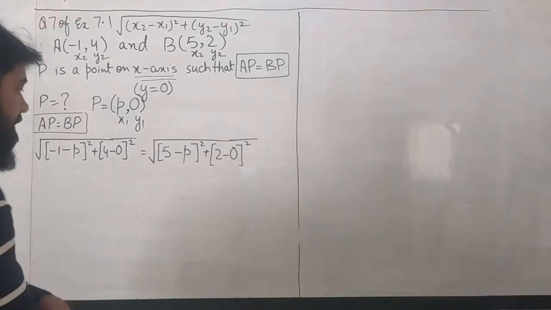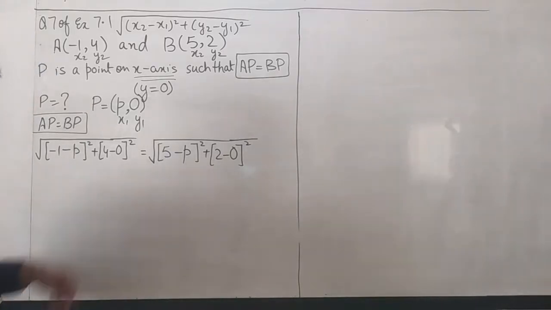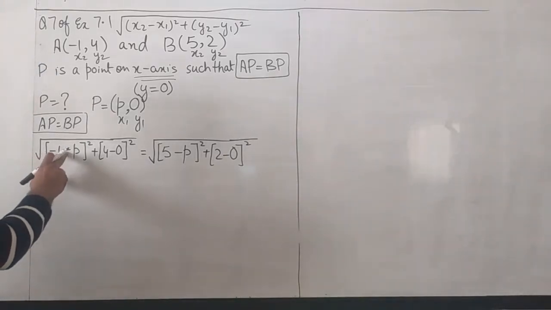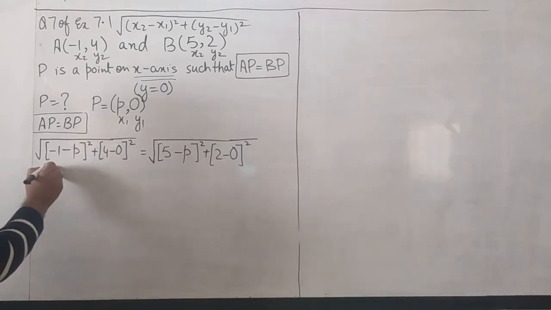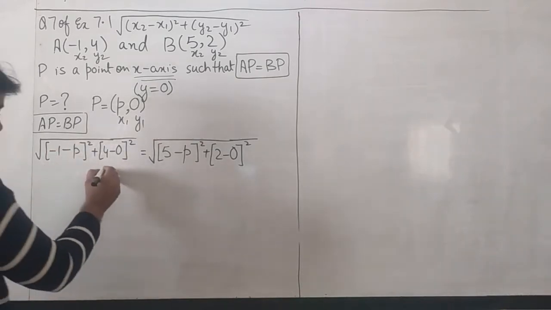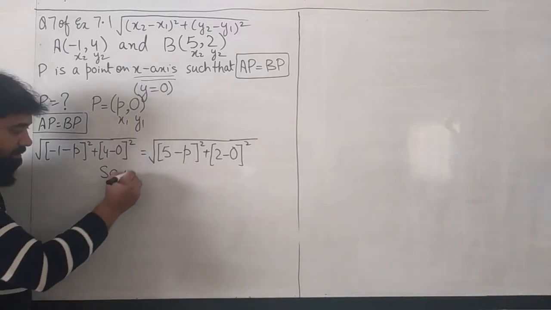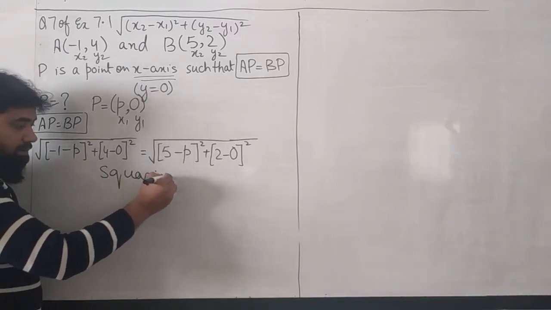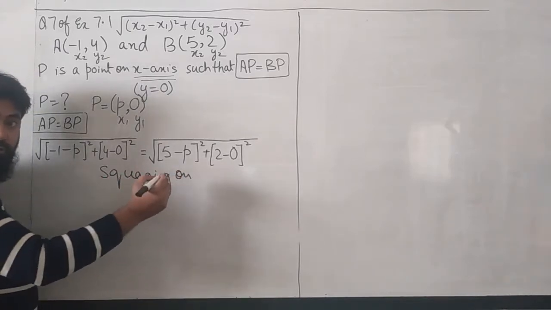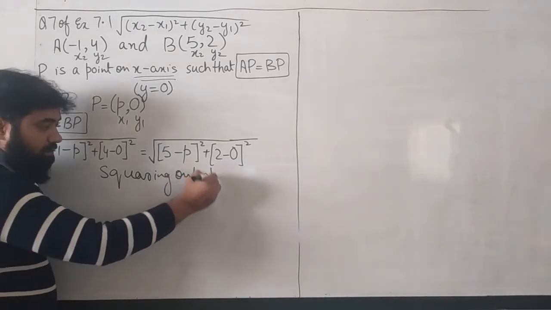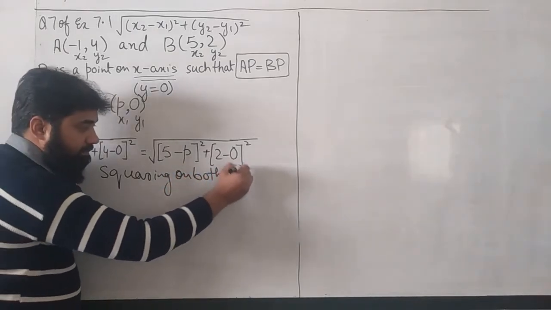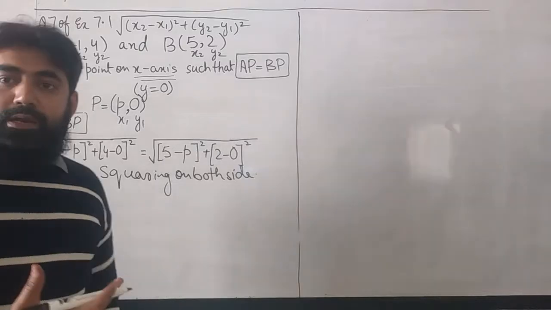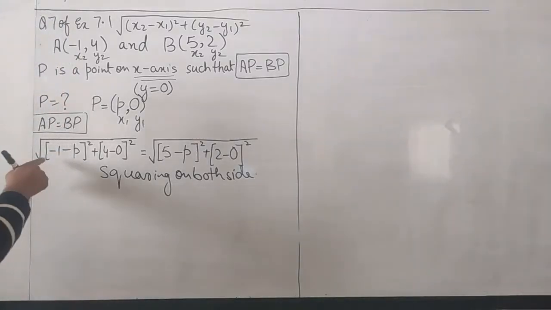Okay, after that let's simplify it. Minus 1 minus p whole square. So first of all I am squaring on both sides. When I do the squaring on both sides, what will happen?